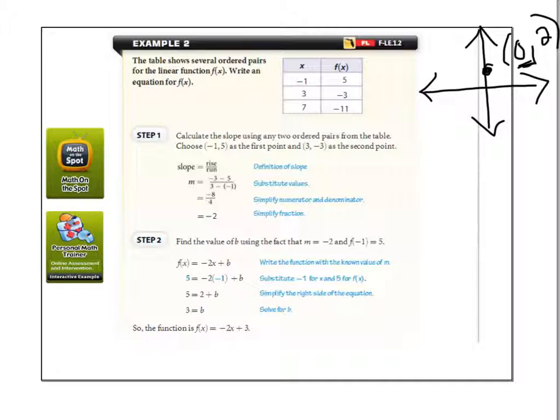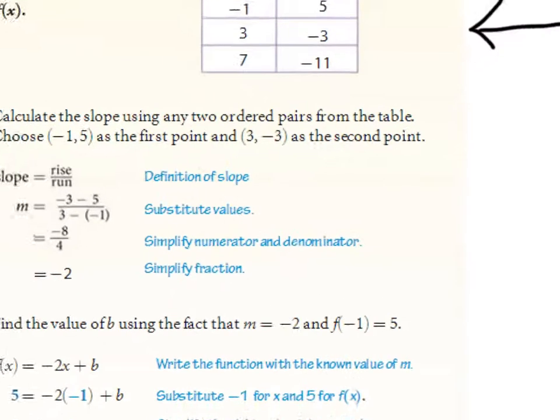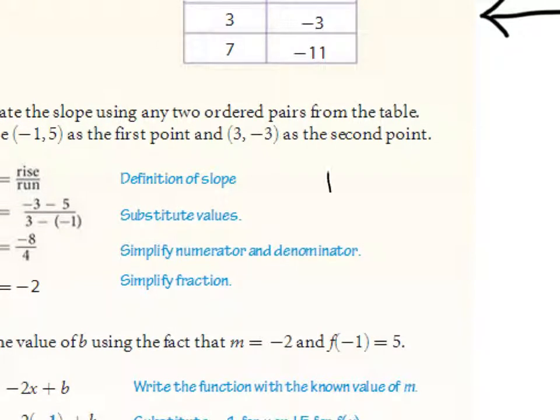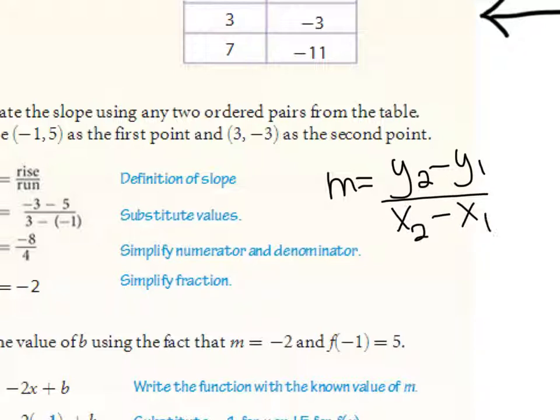Now to find the slope, which we learned at the beginning of Module 6, we're going to use our formula, since they gave us the points and not a graph, which is m equals y2 minus y1 over x2 minus x1.